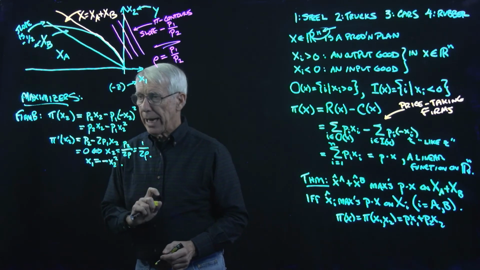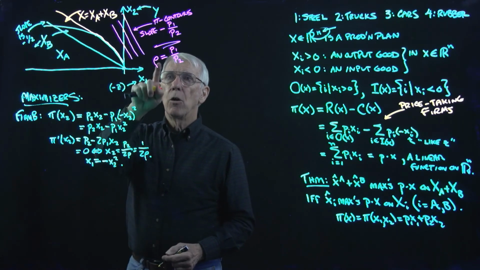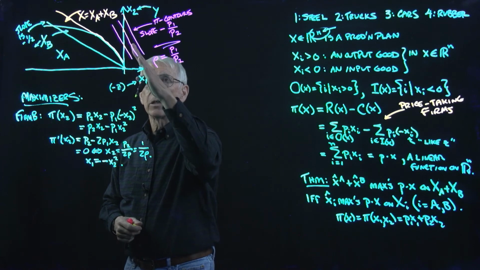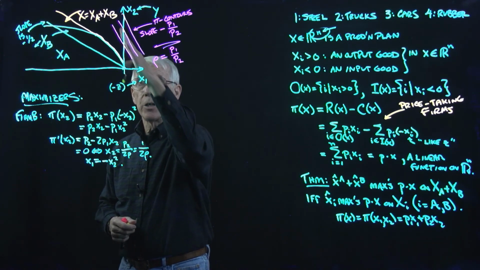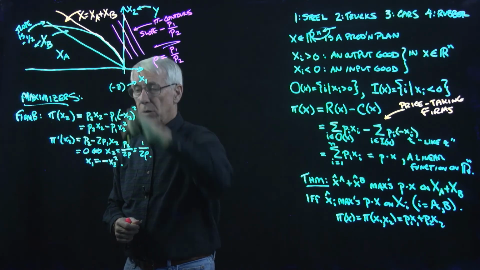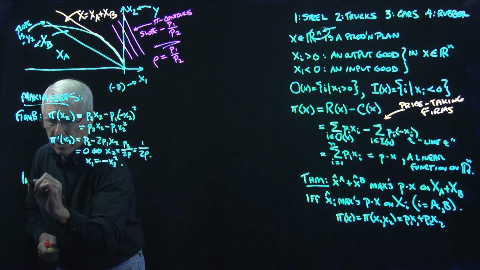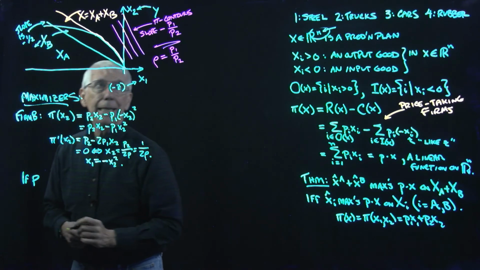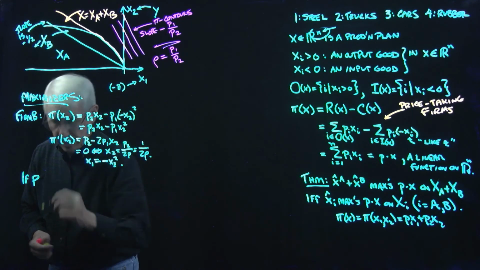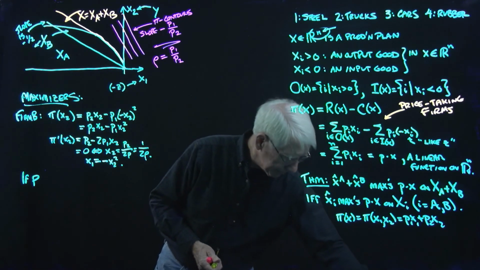And now let's look at what happens when the profit function has steep contours, flat contours, and so on. So let's go down here and say, let's actually write that this way.